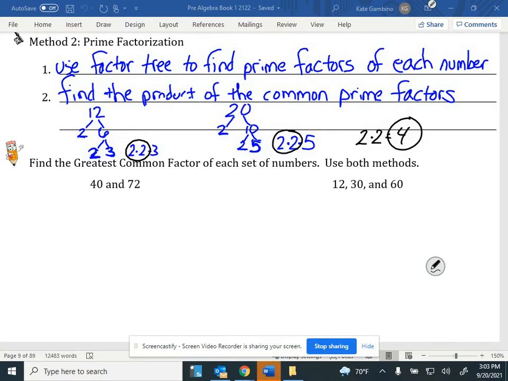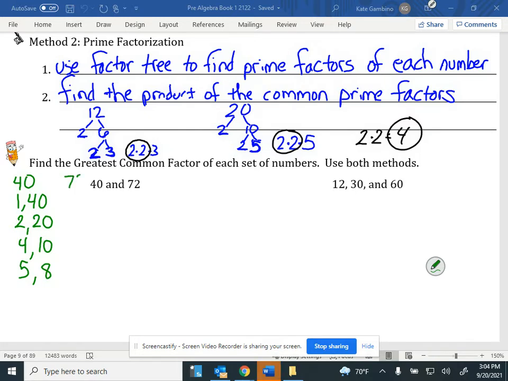So if we have 40 and 72, we're going to find our factor pairs. So let's look at 40. Our factor pairs would be 1 and 40, 2 and 20, 4 and 10, 5 and 8.